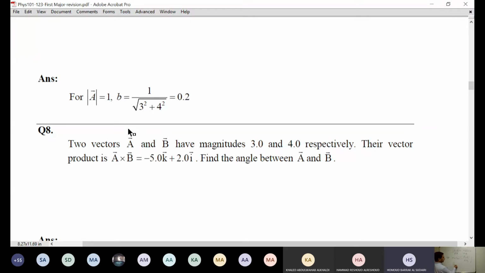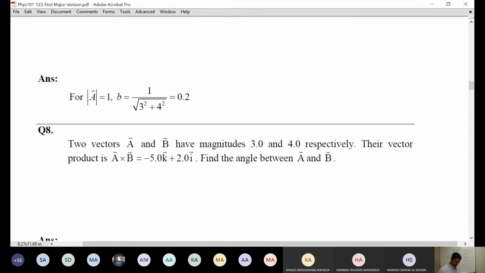So the magnitude of A cross B is the square root of 5 squared plus 2 squared, with the vector k and i. So we get the magnitude of A cross B from here, and the magnitudes of A and B, 3 and 4, we know. Once you put them in this equation, determine the angle.